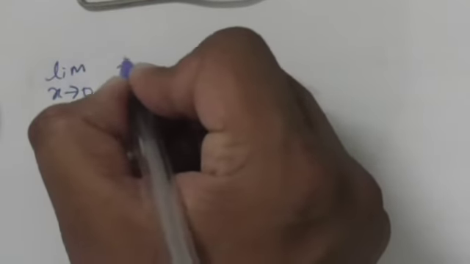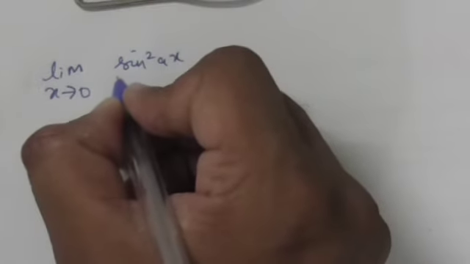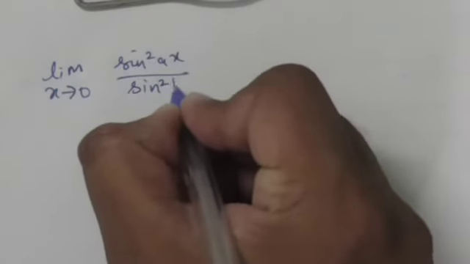Now we have to evaluate limit x tends to 0 sin square ax upon sin square bx.